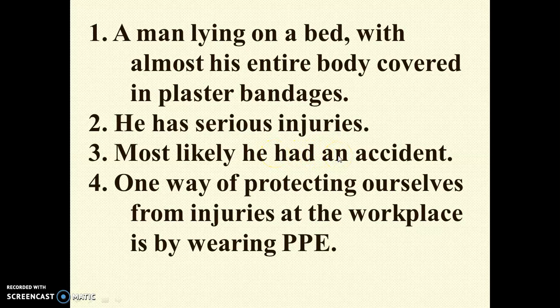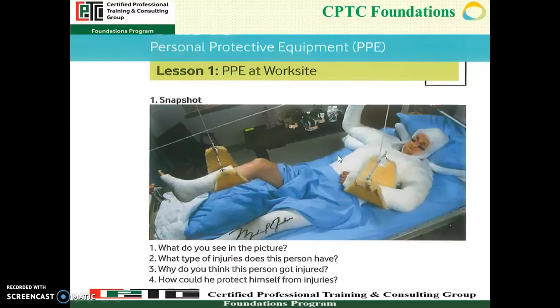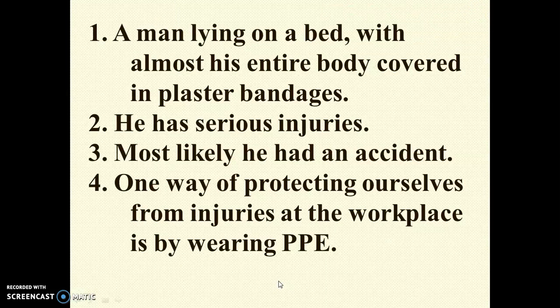How could he protect himself from injuries? Most likely that man had an accident. And most likely he did not wear his PPE. That's why he got those serious injuries. So how could he protect himself?